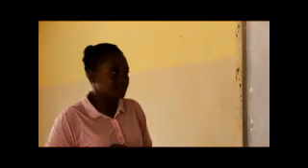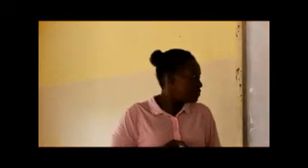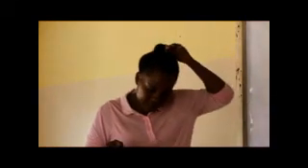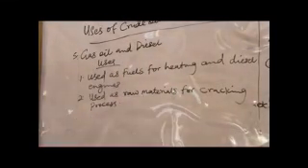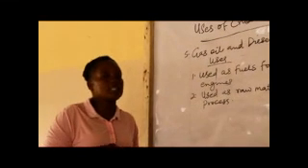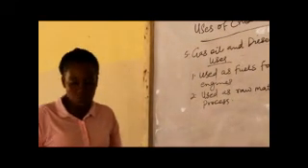Then we have our Nigerian one. That one has high quality, doesn't smoke, it's very light, but it burns fast. So they are used as raw materials for the cracking process. When they want a better quality of petrol or kerosene, they use gas oil to make it of high quality.